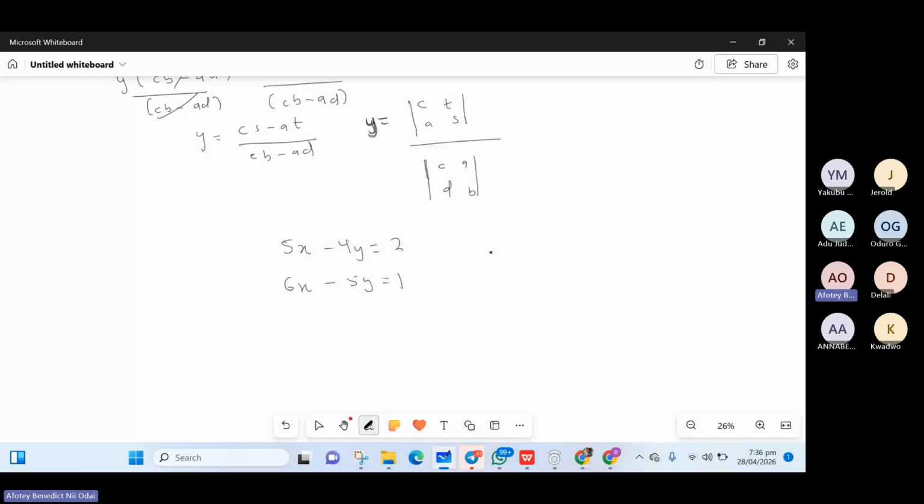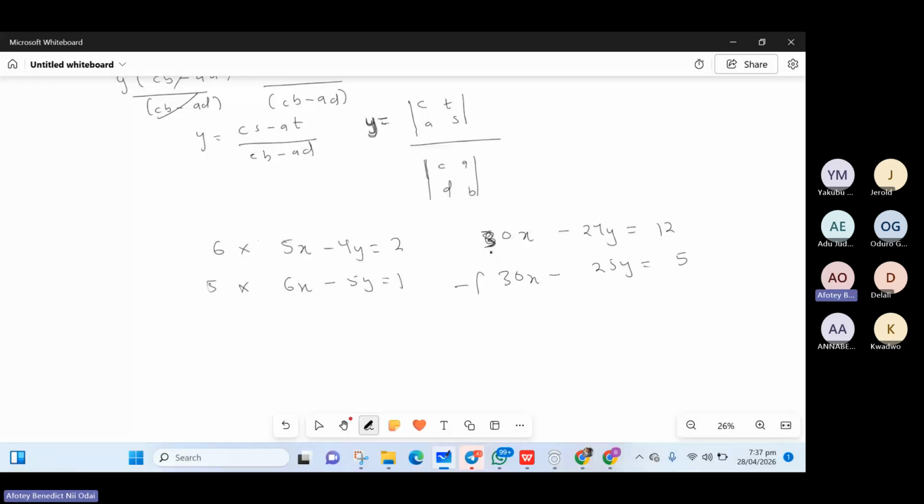Okay. So using the same form, we basically multiply the first equation by 6, the second equation by 5, which gives us 30x minus 24y is equal to 12, and 30x minus 25y is equal to 5.